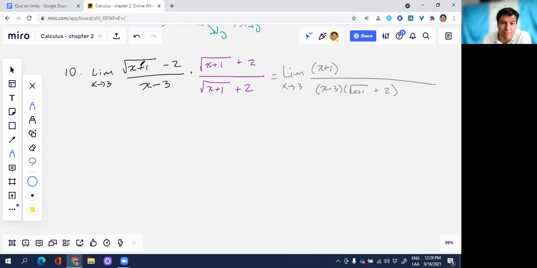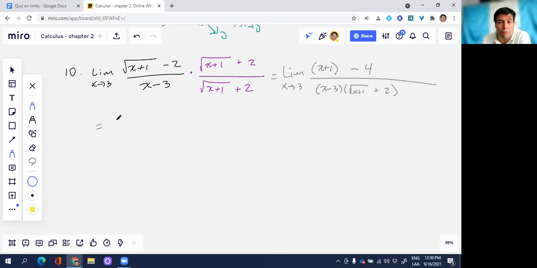Then the square root of x plus 1 times positive 2 is 2 square root of x plus 1. But then we have negative 2 times the positive square root of x plus 1, so that would be negative 2 square root of x plus 1, which added with the original one will cancel. I will not even write it. You get the same thing, one positive and one negative. And then the last one is negative 2 times positive 2, that's negative 4.